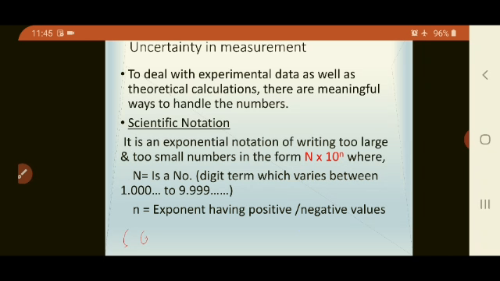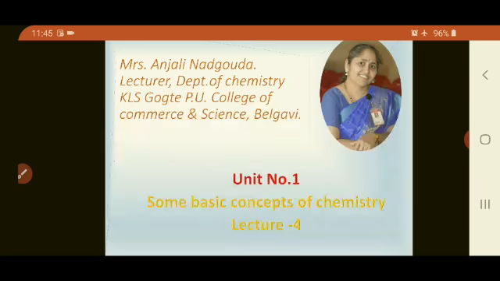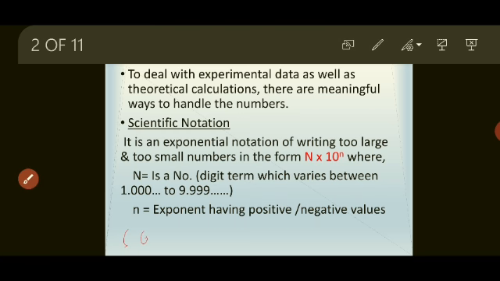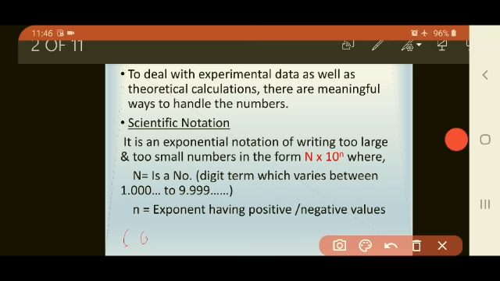Now how to write this number? First of all, we have to convert the given number into the form 1.000 to 9.999. If you observe, it is given as 1.000, where is the decimal point? The decimal point is after the first non-zero digit, and even in 9.999, the decimal point is after the first 9.